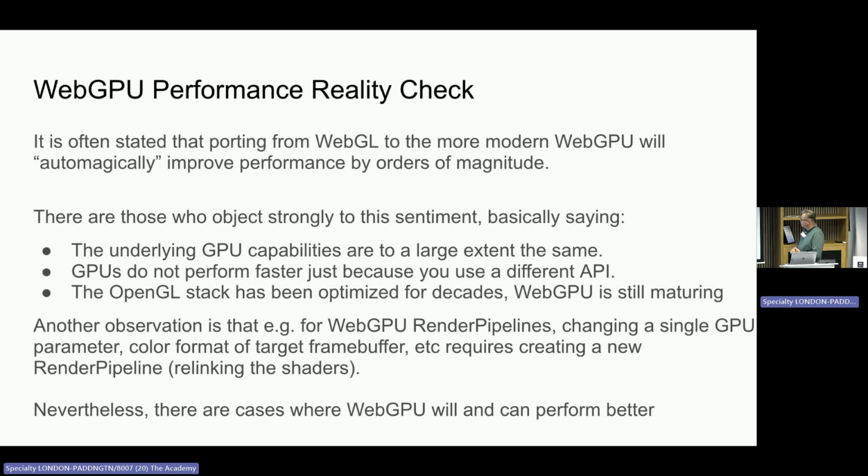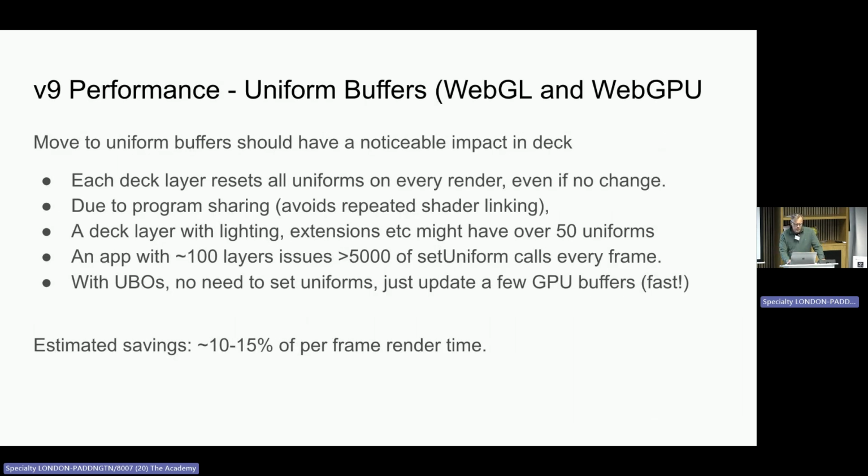Those are some of the main things, right? So with that said, that's just a reality check. We're not just magically going to get improvements. But we talked about uniform buffers. What we've seen in applications with a lot of deck.gl layers, especially, you may know that many deck.gl layers are composite. So when you render them, they actually render other layers underneath.